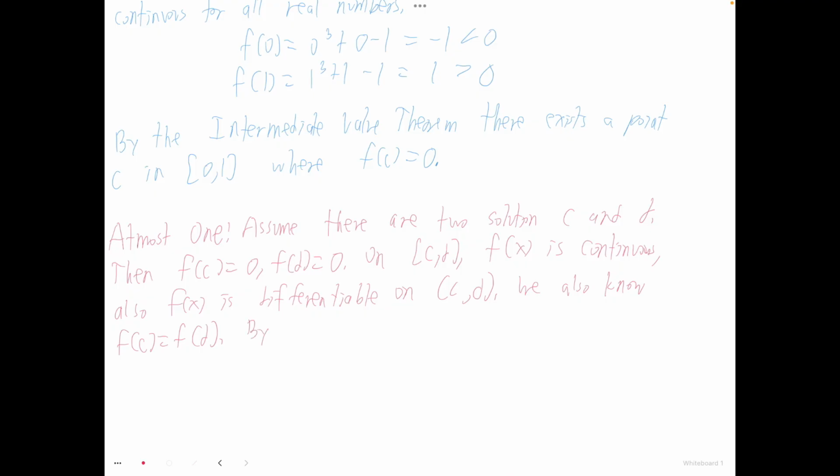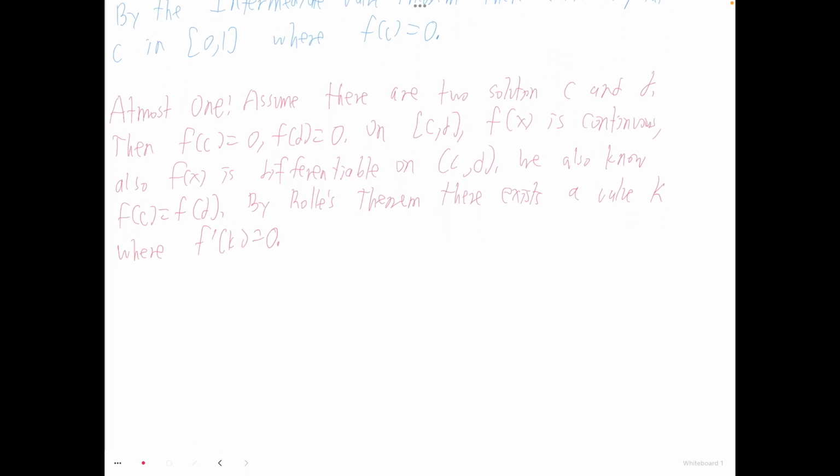So by Rolle's theorem, there exists a value, and I'm going to call it k because I'm using c for something else. So there exists a value k where f prime of k equals 0.